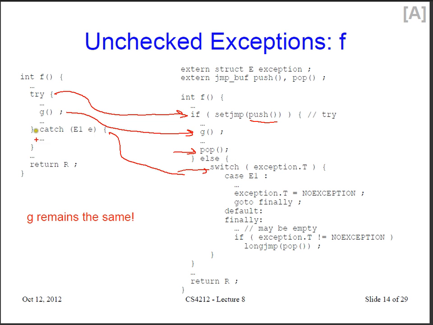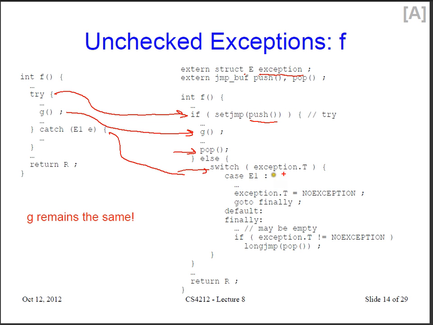Otherwise, if we have encountered an exception, the longjmp will be performed when that exception is thrown, and we're going to jump right here. Now we're going to have a global exception variable that holds the currently thrown exception.